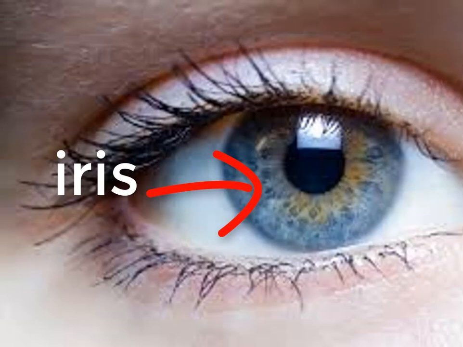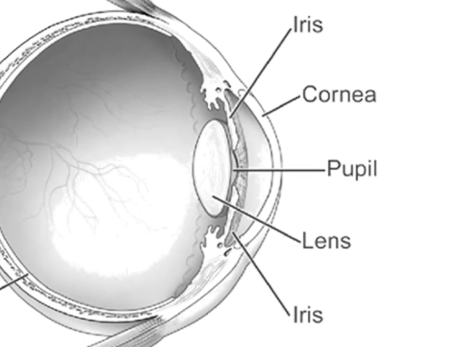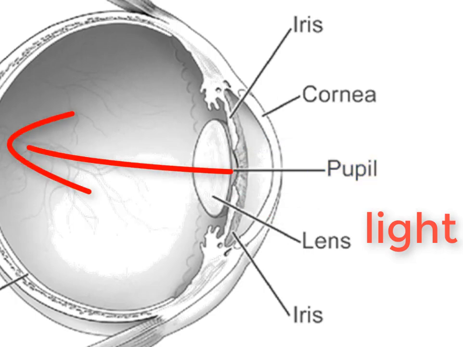And this iris, this muscle, can make that pupil bigger or smaller depending on how much light there is. So light travels into the eye through the transparent cornea and then through this hole, this pupil. And that's how it gets into the back of the eye so that we will be able to see.